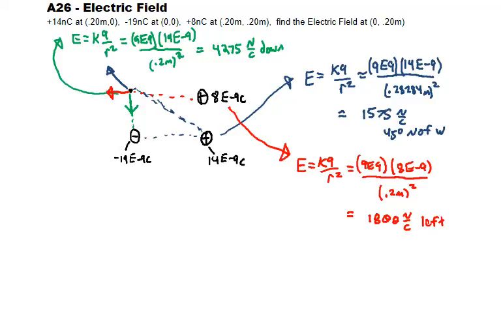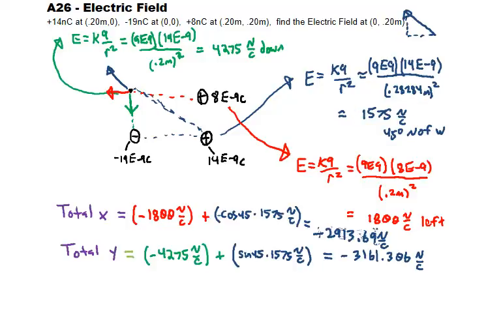And for this one, 1,800 newtons per coulomb to the left. The one we're going to have to deal with is this one, right? Because this is at an angle. We're going to need to figure out the field in the x and field in the y. So we'll break that down in the x and y, the cosine and sine, and we can get the total x, total y.